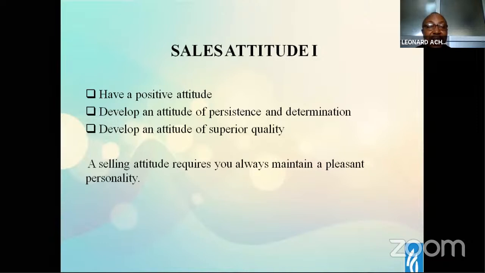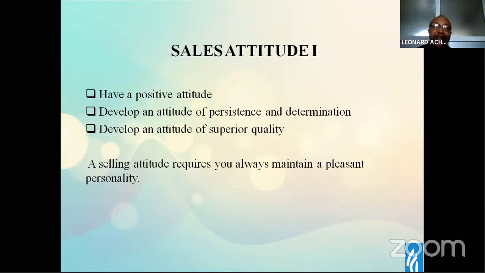You must have a target that you will meet today, and it does not matter the situation and circumstances. Everything will work in your favor so that you sell maximally today. Then you also need to develop an attitude of persistence and determination. You must persist and be determined. Persistence is the attitude of not giving up easily.